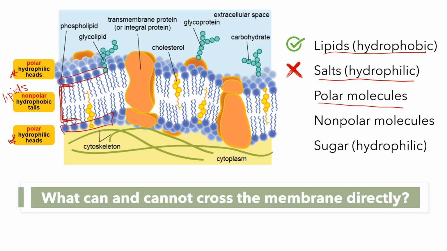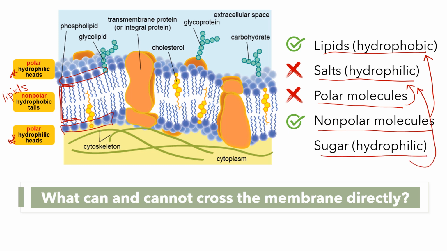What about polar molecules? Well, polar molecules are also hydrophilic, and so for the same reason, they are not going to be able to pass through. Nonpolar molecules are hydrophobic, so yeah, those ones should be able to pass through. And once again, things like sugars, those are hydrophilic molecules, just like our salt example.